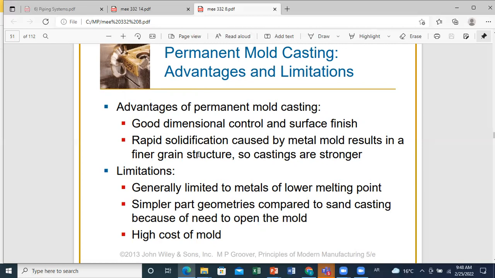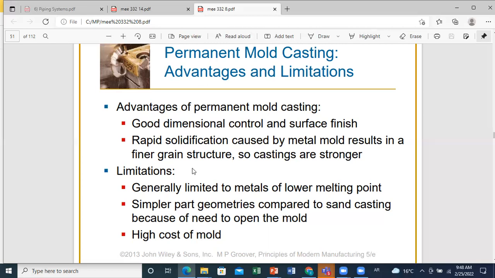So as we said, because it's a metal used for the mold, you have a finer grain structure, and this will allow you to ensure the dimensional accuracy in addition to the rapid solidification because of the finer grain structure.